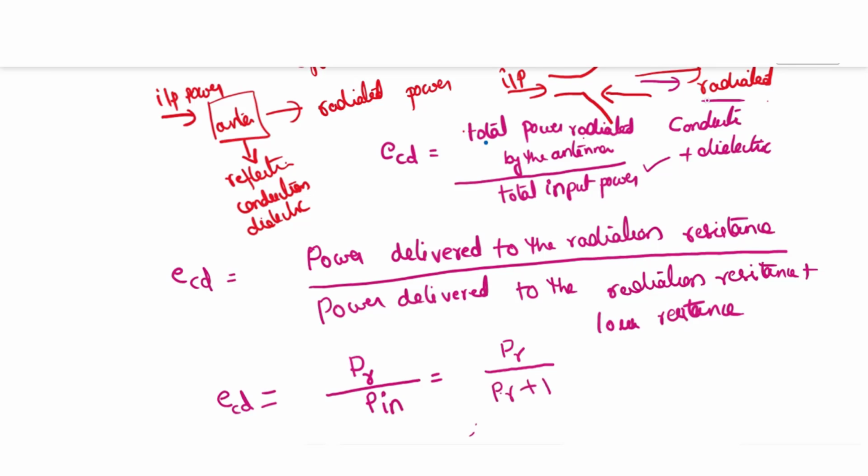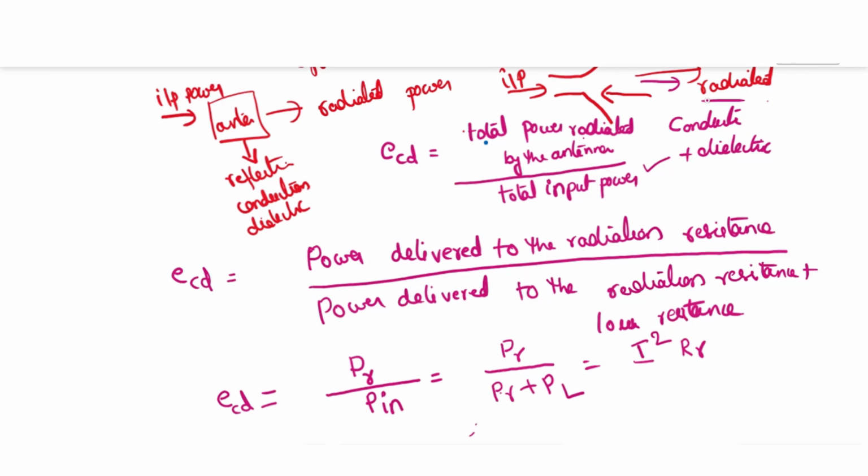So this is PR plus PL. What is PR? PR is nothing but I squared RR, because radiation resistance, as I already explained, is the reason for radiating power.